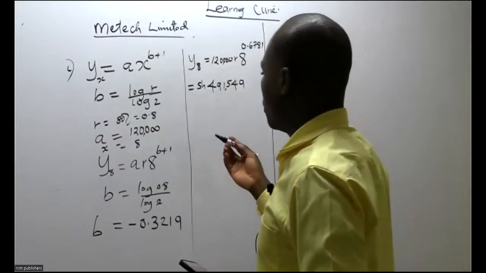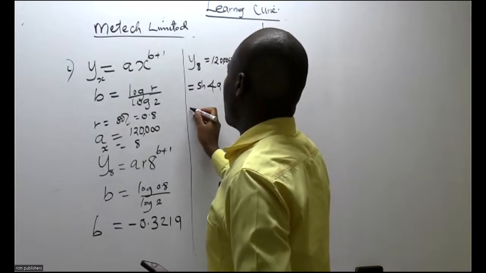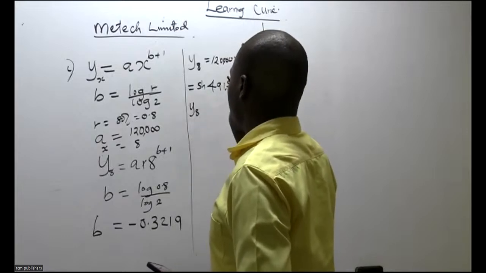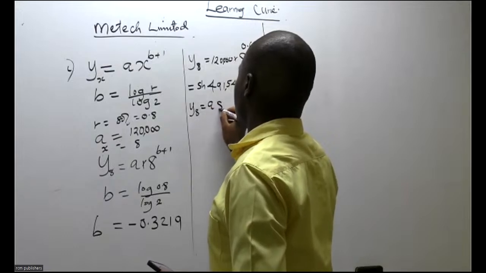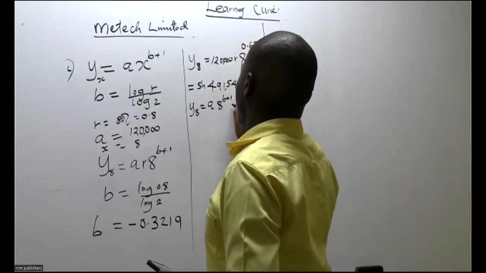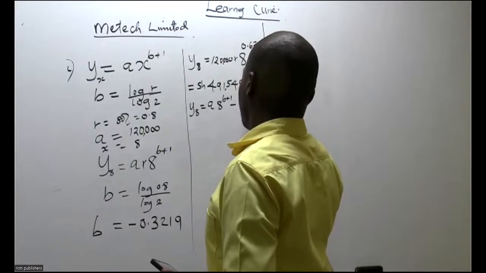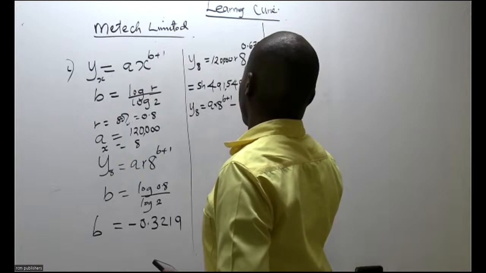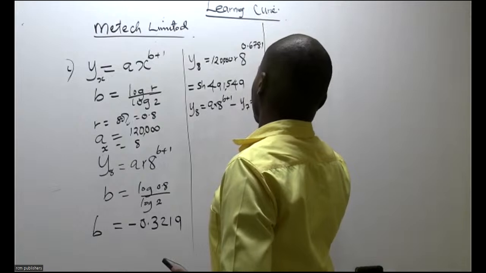For us to know the cost of producing the 8th batch, it will be y of the first 8 batches, which is equivalent to a times 8 raised to power b plus 1, less y at 7, which is equal to a times 7 raised to power b plus 1.